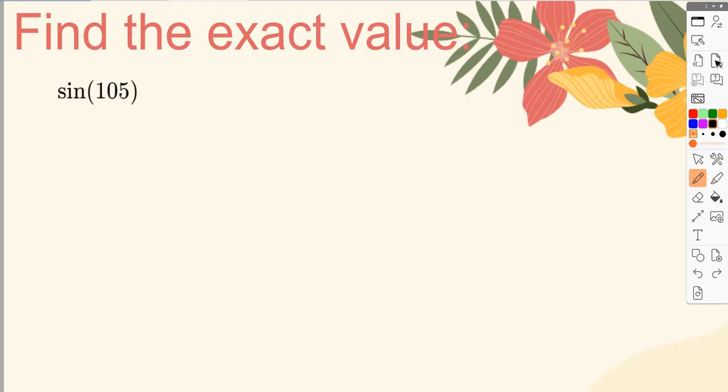But what do we usually use to find the exact values of sines and cosines? Thing that we've been using for like 3 units now. The unit circle, yeah? The only thing is 105 on my unit circle? It is not.